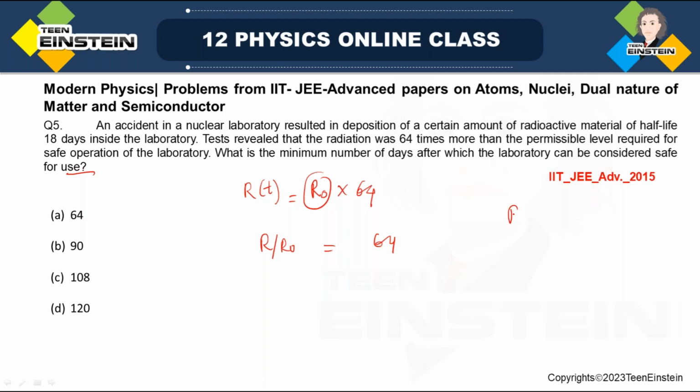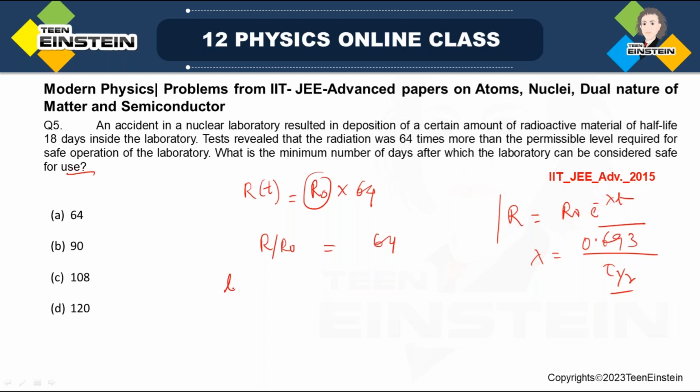Generally R is written as R0 into e to the power minus lambda t. Lambda is written as 0.693 divided by t half, because this is how lambda is written, and t half is the half-life.